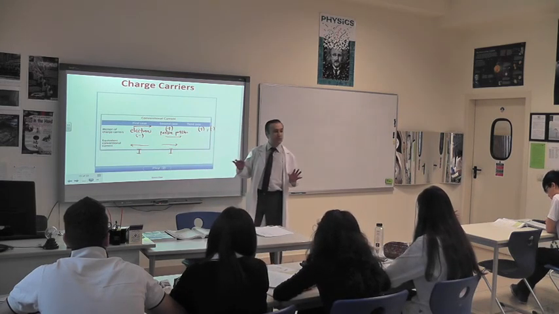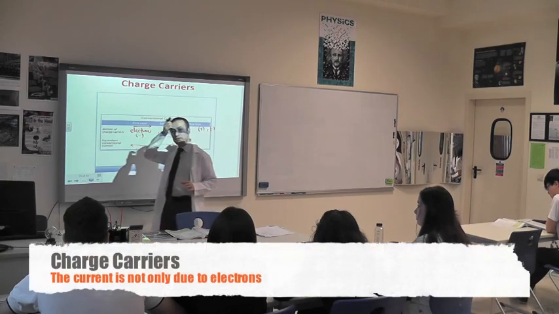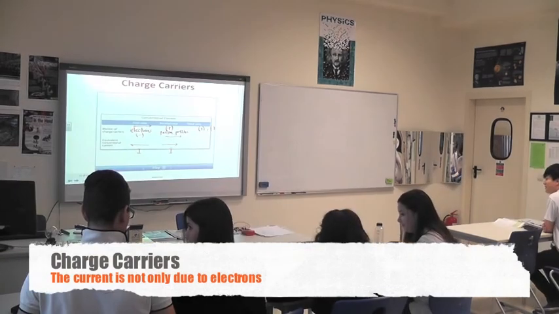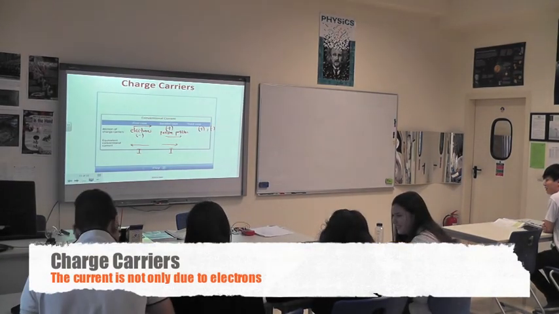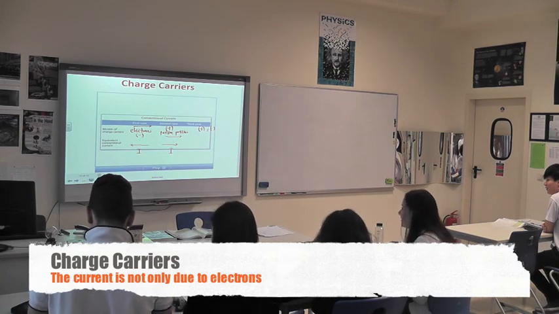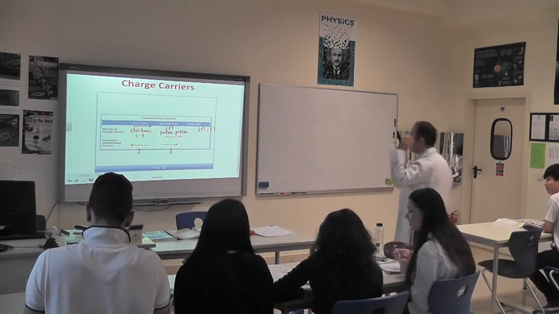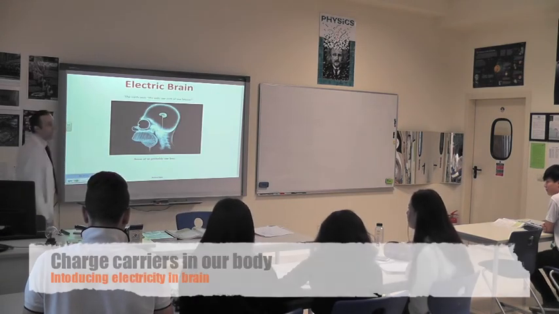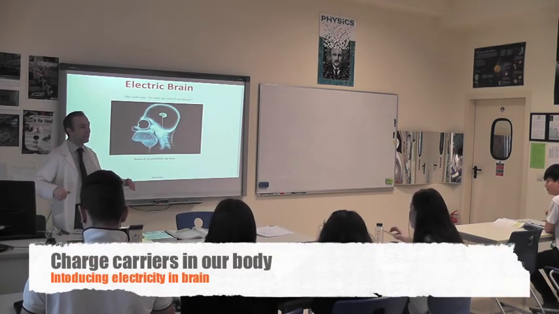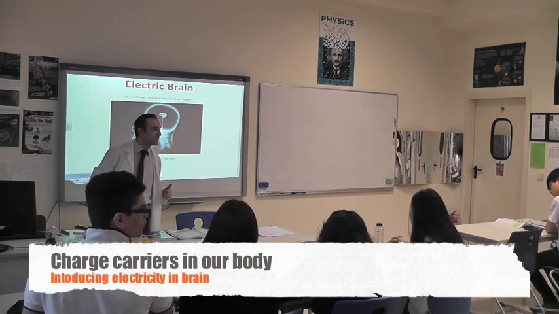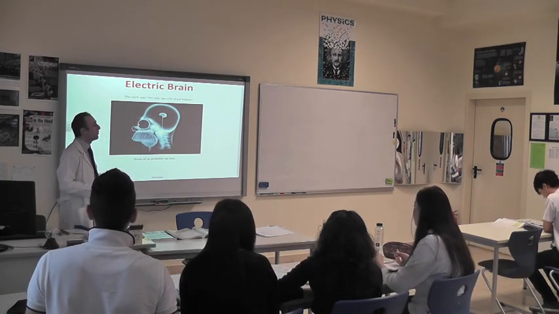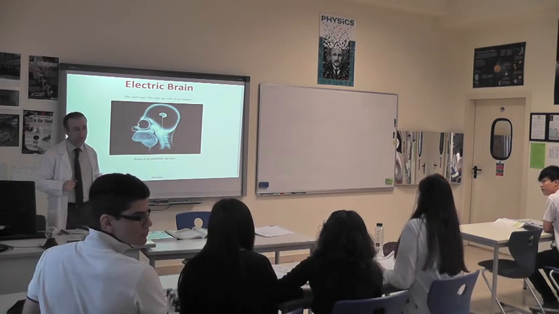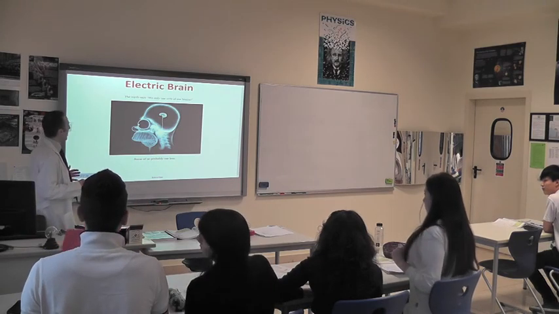Charge carriers, positive or negative, could both produce the current in the circuit. And your brain sends electric signals by those positive ions actually. So it's not always electrons.